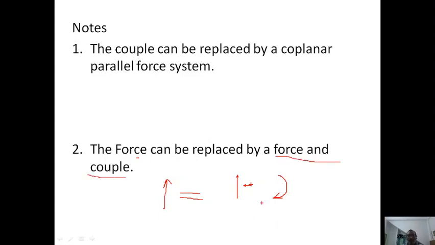How is it going to be replaced? You can see that this force can be added like this. This force can also have its effect nullified by introducing another force in the opposite direction of the same quantity. Then it gives 0.